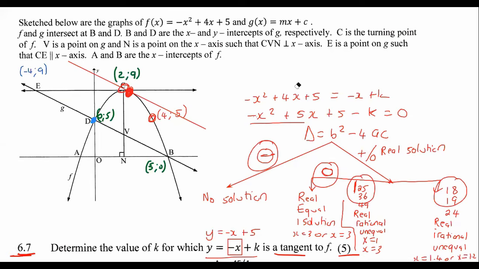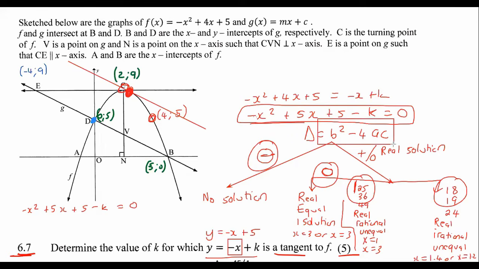What we're going to do now is take this equation that we made, so minus x squared plus 5x plus 5 minus k, and go find the discriminant, which is the b squared minus 4ac.